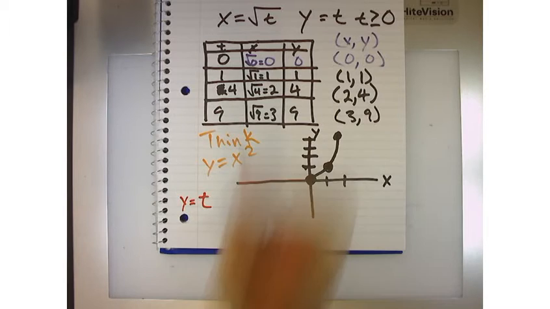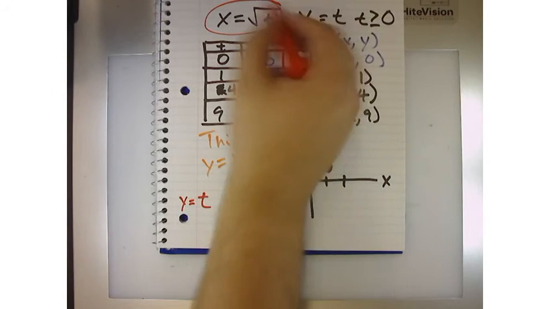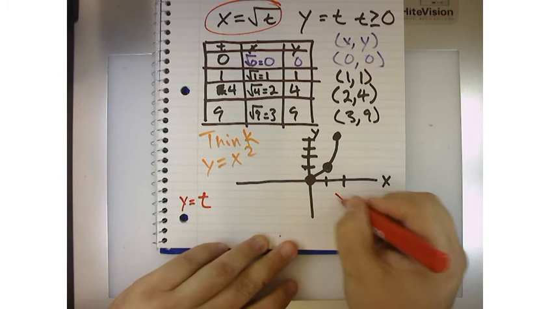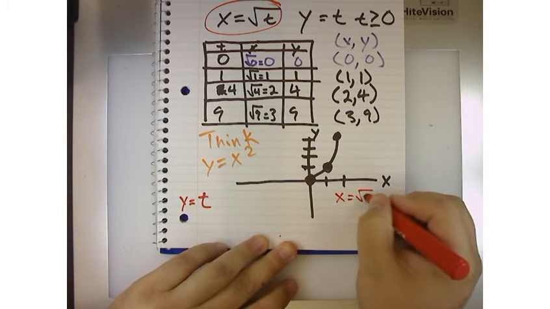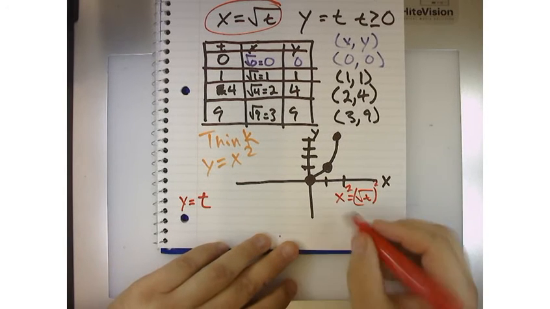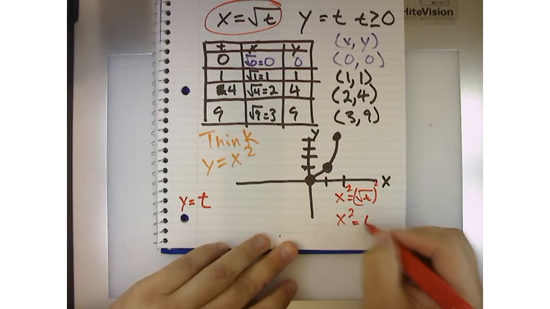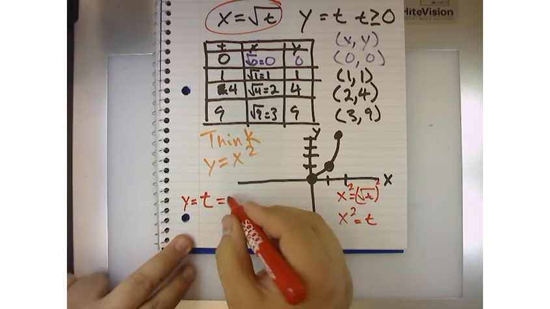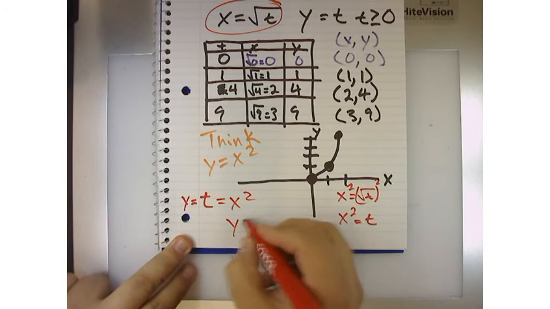Well, how can I manipulate this situation to change the t to x? Well, if I know that x equals the square root of t, could I square this side and square this side, and then I get x squared equals t? So then the next line would be x squared. So I've got y equals x squared.